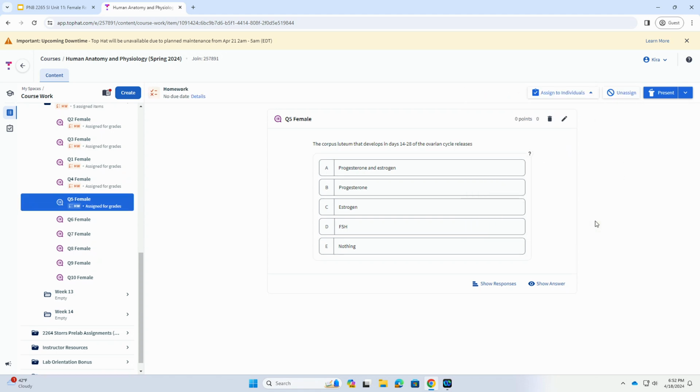The corpus luteum that develops in days 14 to 28 of the ovarian cycle releases what?